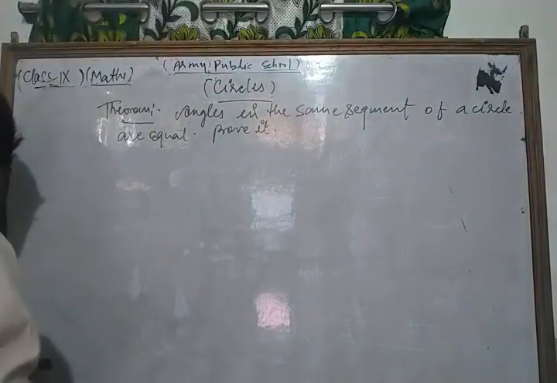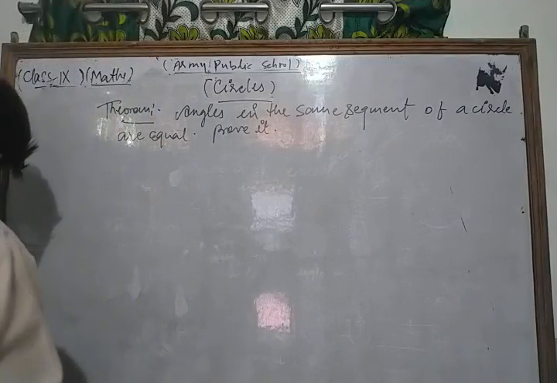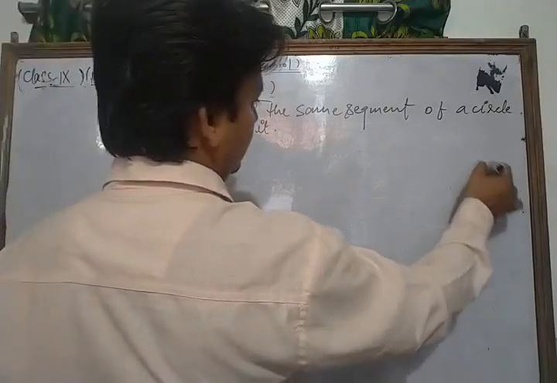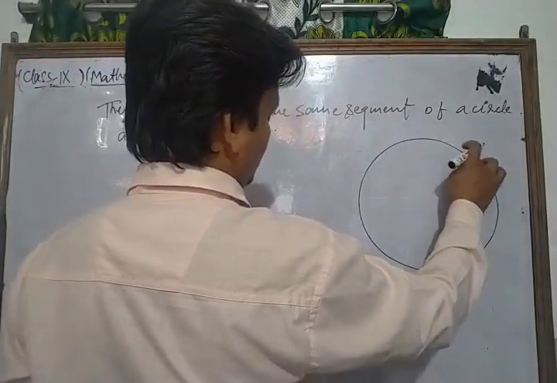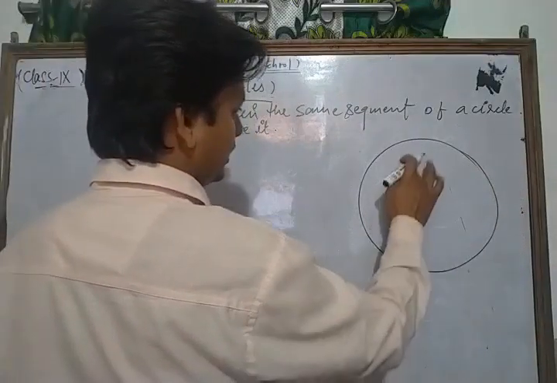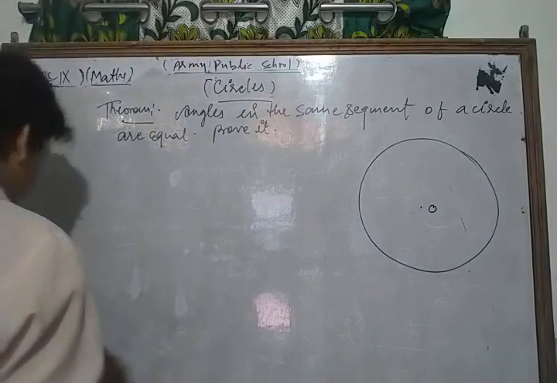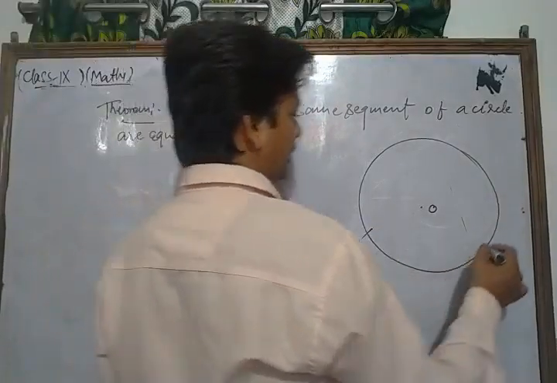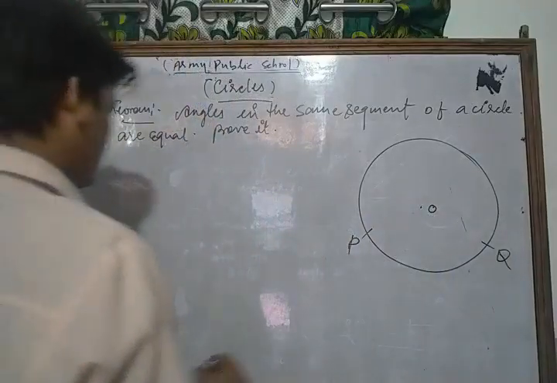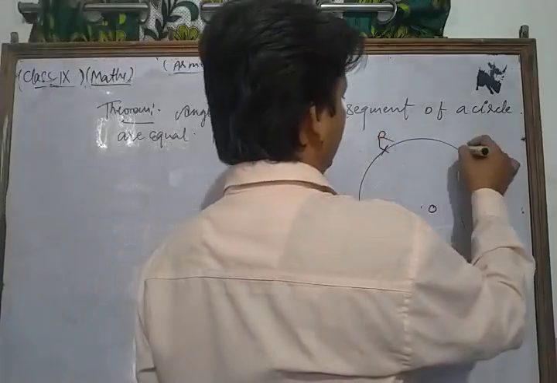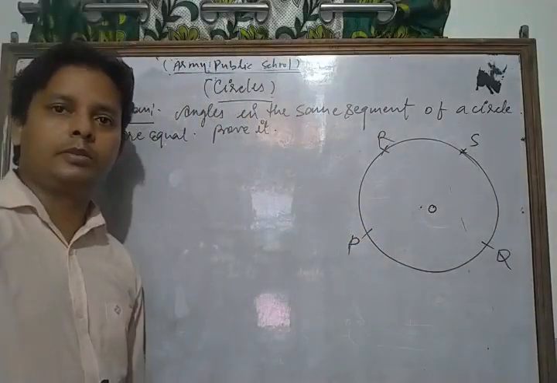First of all, we draw a circle with center O, in which let us take P and Q as 2 points on that circle, and let us take R and S as any 2 points on the remaining part of the circle.